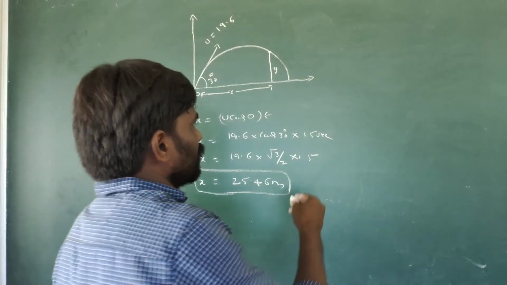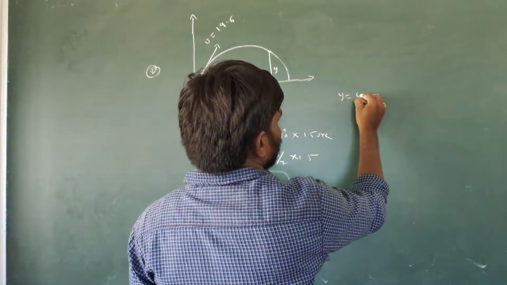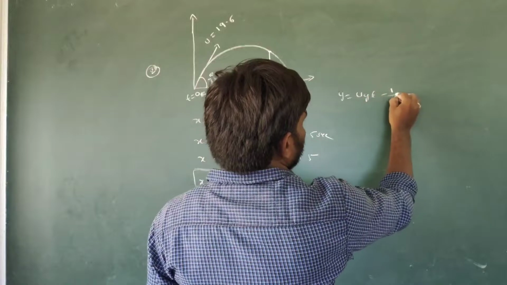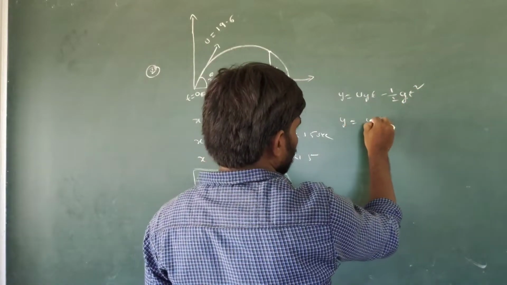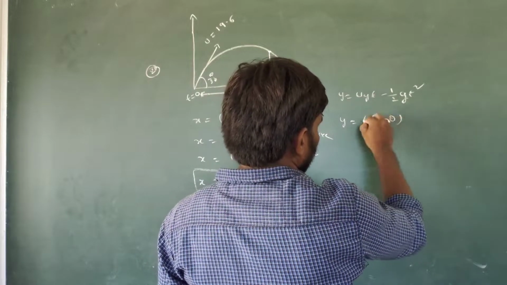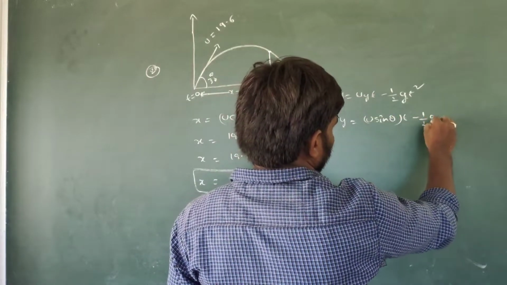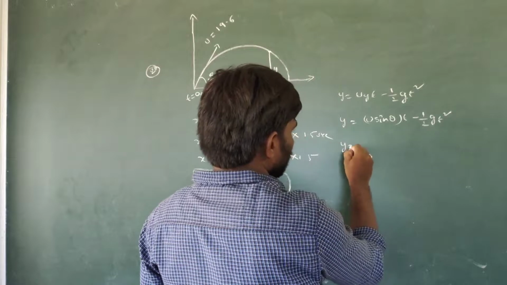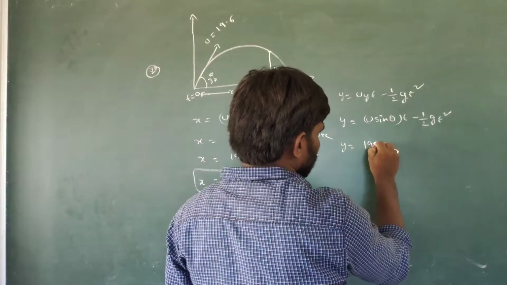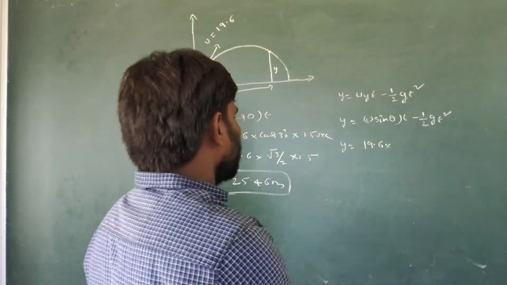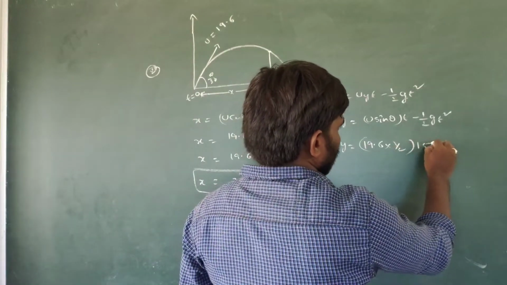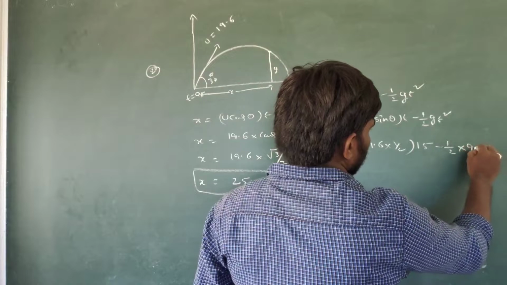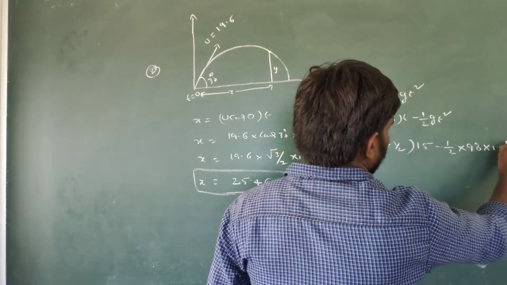Next, the vertical distance. We already know the formula: y is equal to u sin theta into t minus half g t square. Then y is equal to the initial velocity 19.6 into sin 30, sin 30 value 1 by 2, into 1.5, minus half into g value 9.8 into 1.5 whole square.